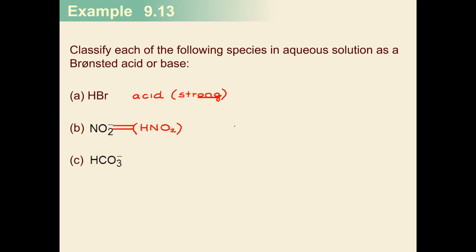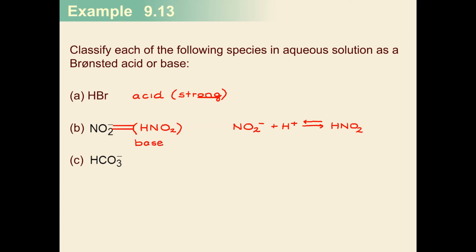So this means that our NO2 minus, if we were to put a proton in, would form HNO2. Now, we also know that it is an acid for HNO2, so this would be a competition. This means that this is a weak species, but as written, this is going to be a base.